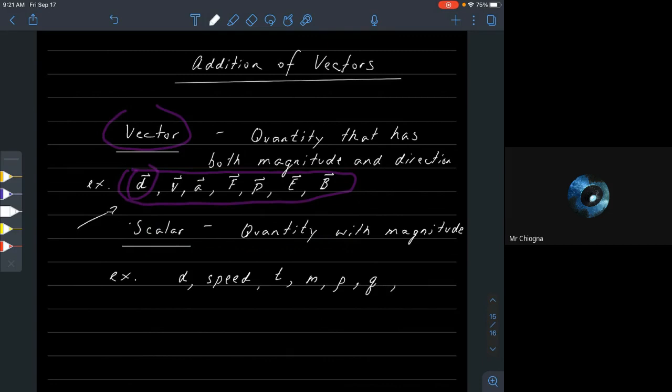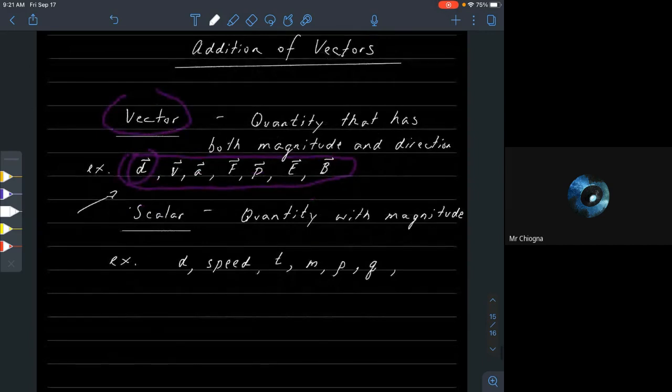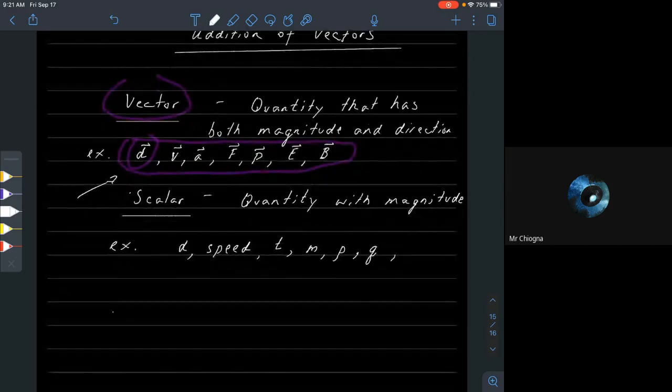So what do we know about, let's see here. Maybe I should give you an example. We like working with displacement vectors. They're the easiest to start with. So let's look at this example.